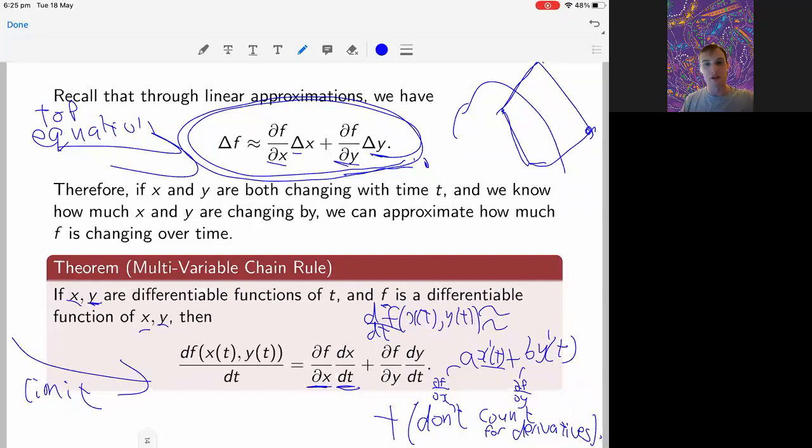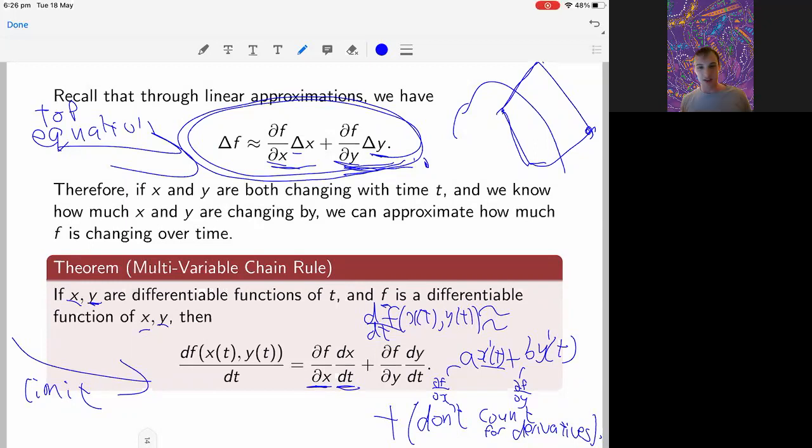And if for whatever reason you decide to do those two things at once, well, you just basically sum the contributions to work out what the total net effect on the change of f is. So we'll now get into an example.